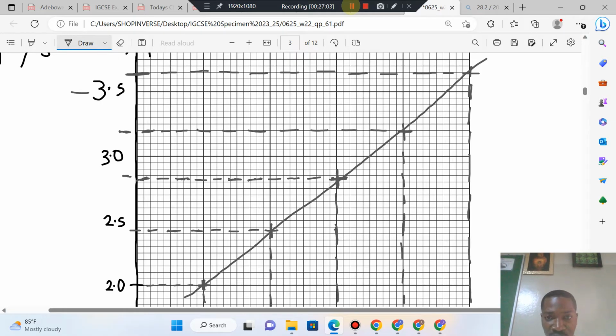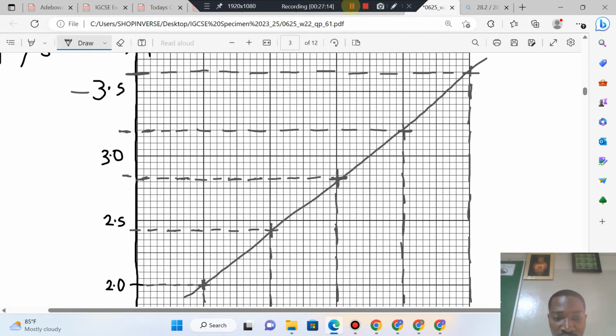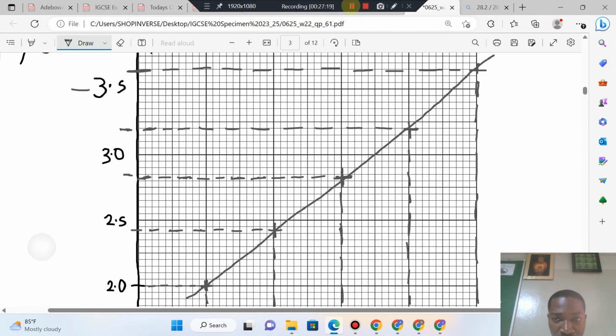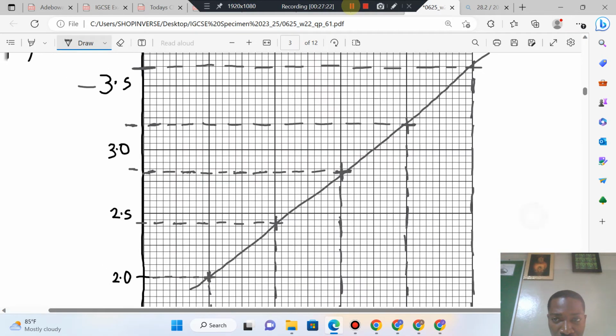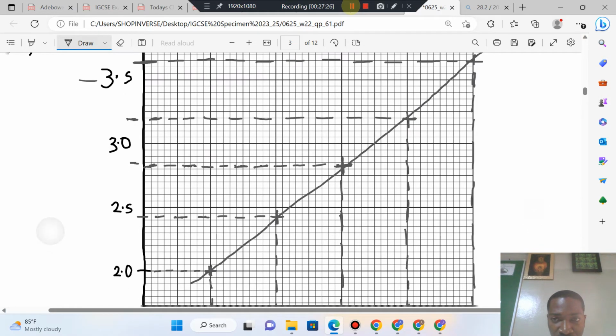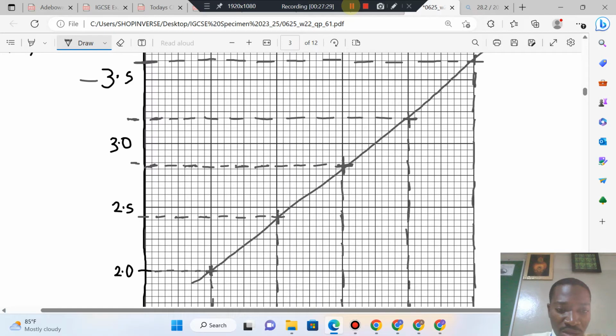Does this look straight? This doesn't look straight enough. I think I could have done better, right? Let's see if I can do better. I want to do another straight line. This is not better.